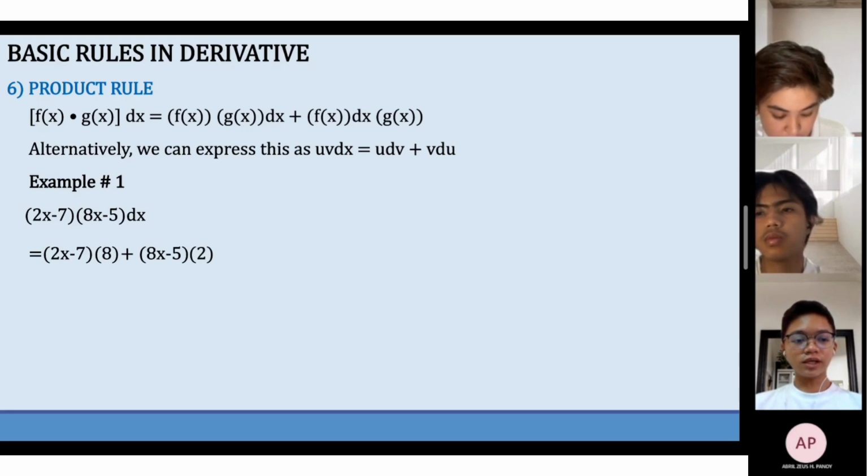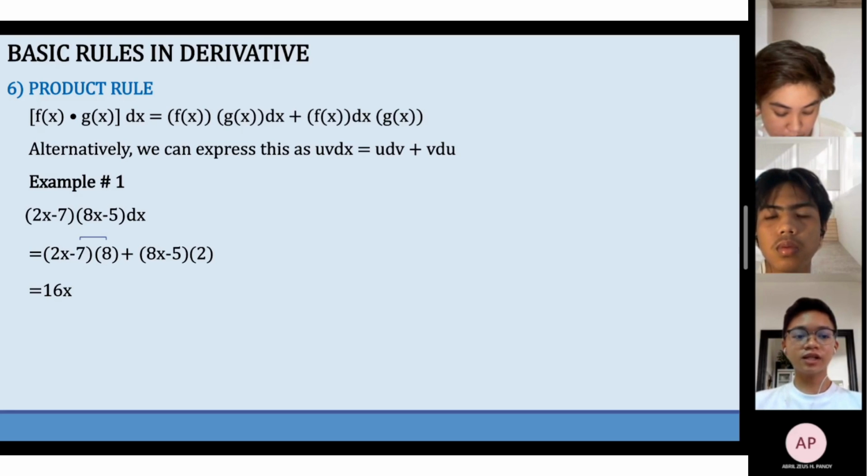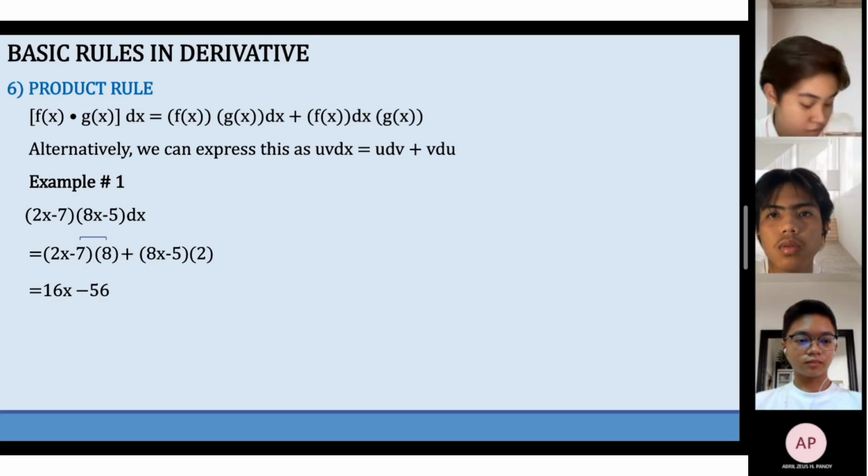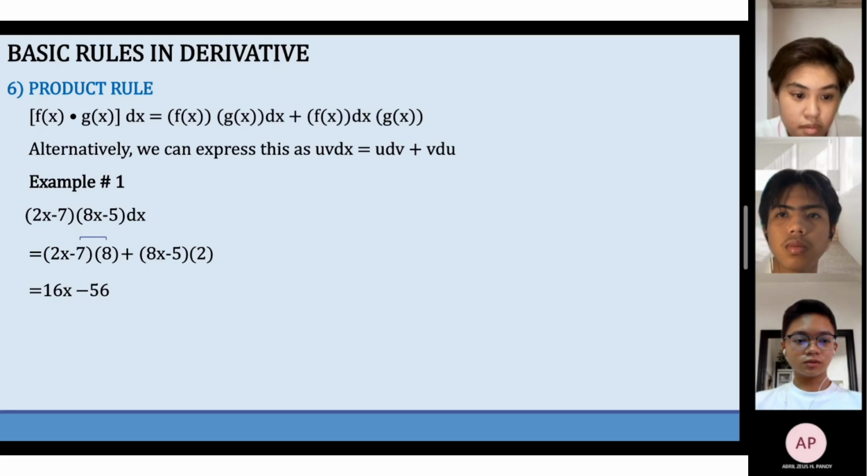So 2x times 8 equals 16x. Then negative 7 times 8 is equal to negative 56. Then 8x times 2 equals 16x. Negative 5 times 2 is negative 10.